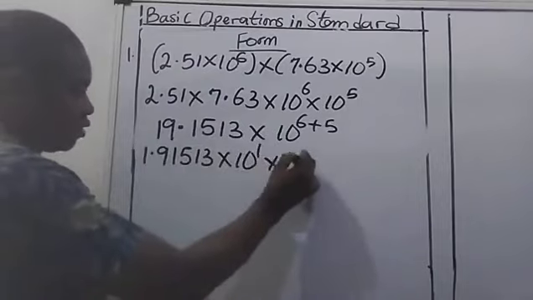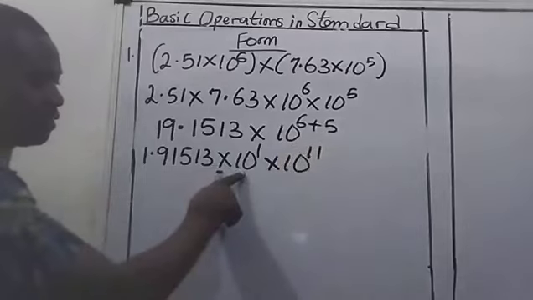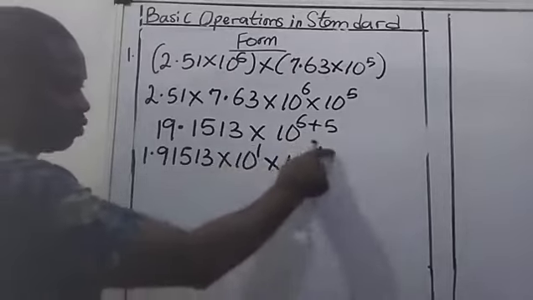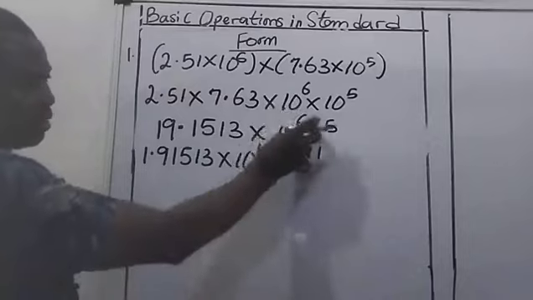Then again times 10 raised to the power 6 plus 5, which is 11. Then I have another 10 raised to the power 1 and 10 raised to the power 11. So I'm going to add the powers again, just like I did before.